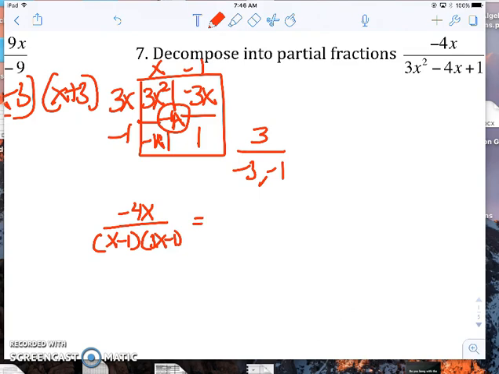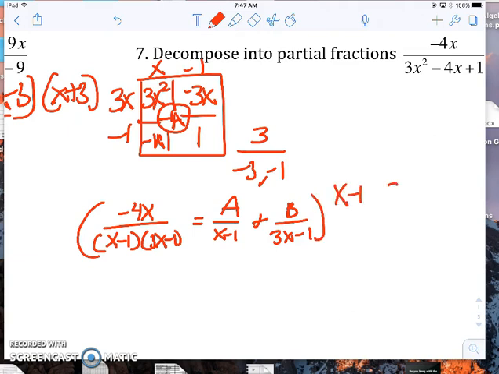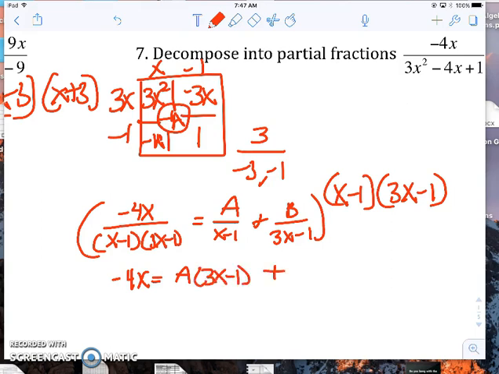So that would equal a over x minus 1 plus b over 3x minus 1. Clear the fractions, so x minus 1, 3x minus 1. So we have negative 4x equals a times 3x minus 1 plus b times x minus 1.